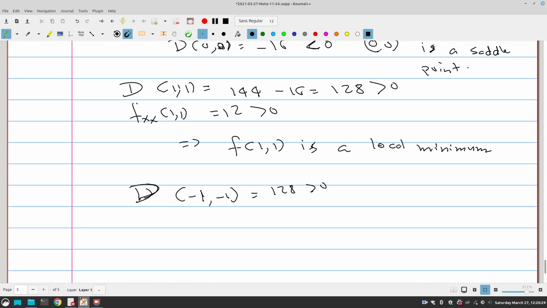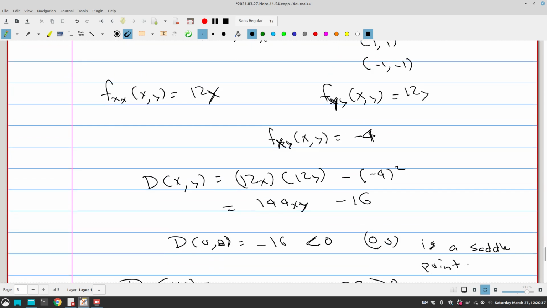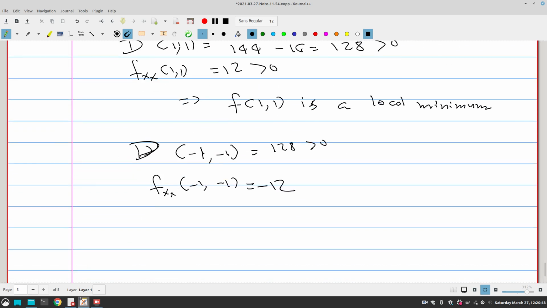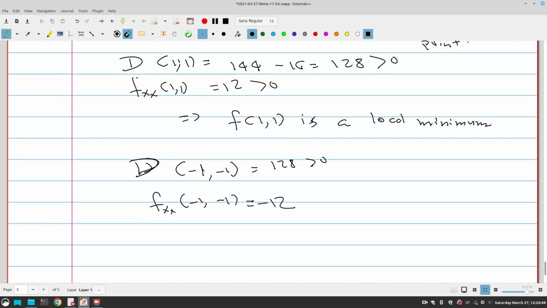And fxx at (-1, -1) is equal to, I'm sorry, not negative 12. This is equal to 12, which is greater than 0. So f of (-1, -1) is a local minimum also.